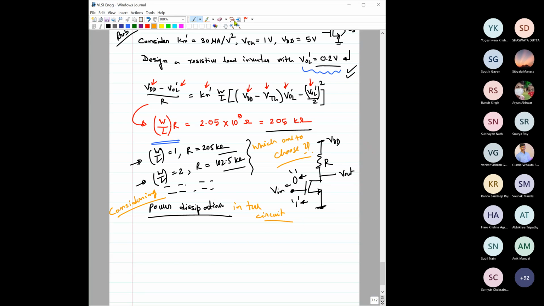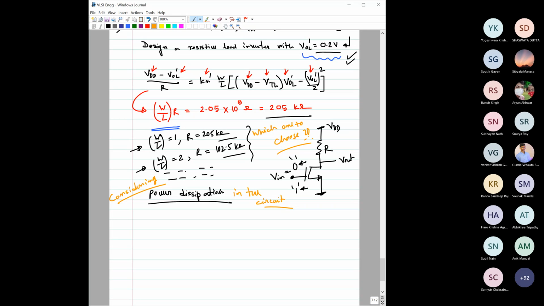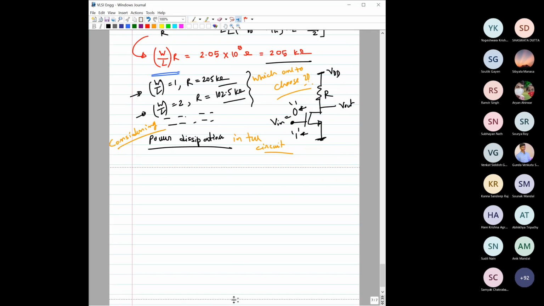For this we are taking a couple of assumptions. The first assumption is the input is low for 50% of its operation. Input is high for 50% of its operation.